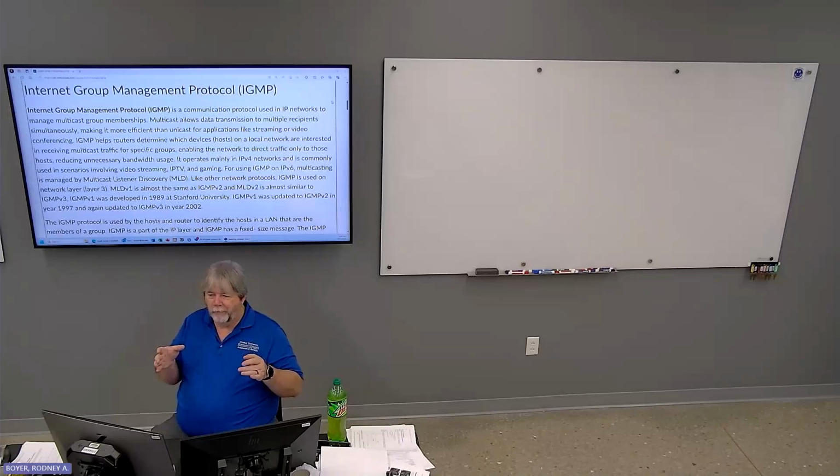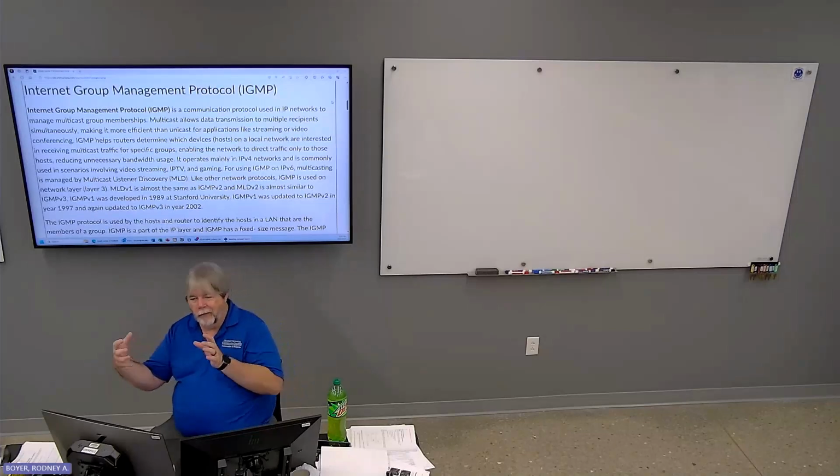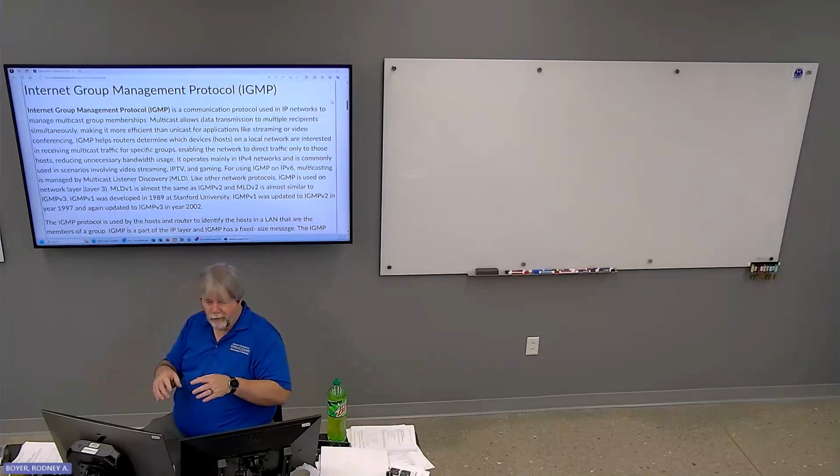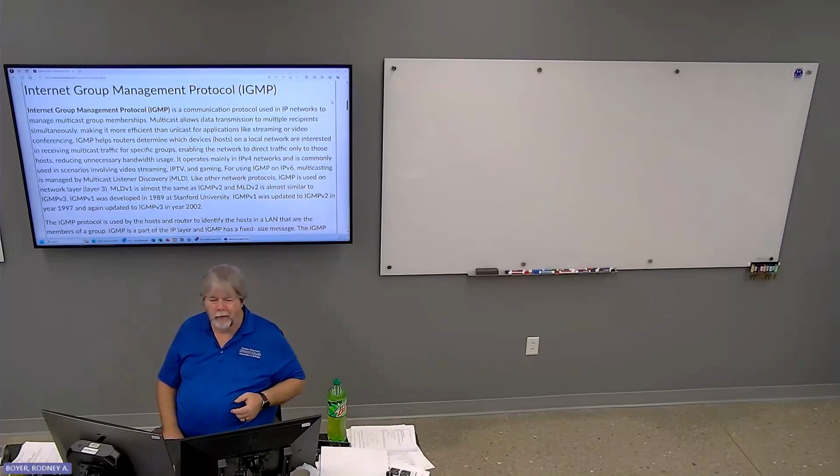Like if you're running voice over IP phones, then you only need to send VoIP traffic to the phones. You don't need to send it to all the computers and the tablets and things like that on the network.